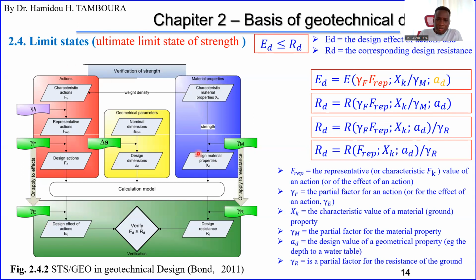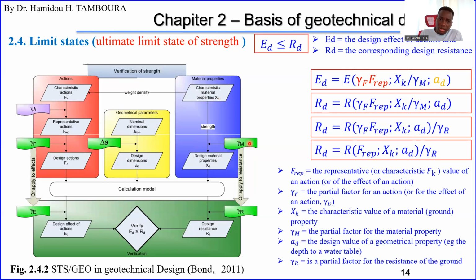And for the material, this right side is for the material. So you have characteristic material property Xk, that will give you the strength. I have explained this before. The X can be replaced by cohesion, by internal friction angle, or also the undrained shear strength, cu.